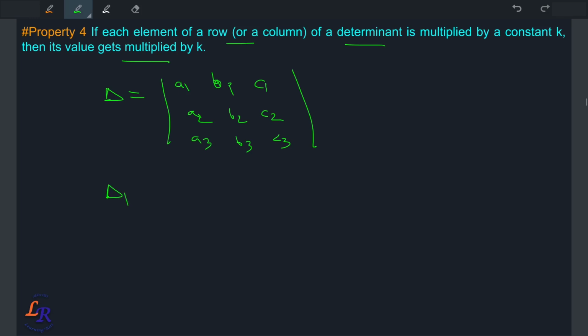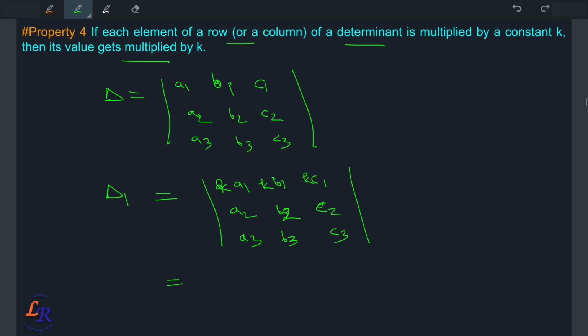Now let's say another matrix where you multiply each element of a given row, any row. So let's say this first row: A1 KB1 KC1, and this remains the same, A3 B3 C3, right? Now let's find out the value for this delta 1.